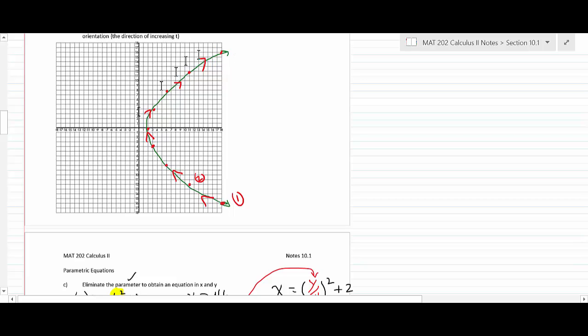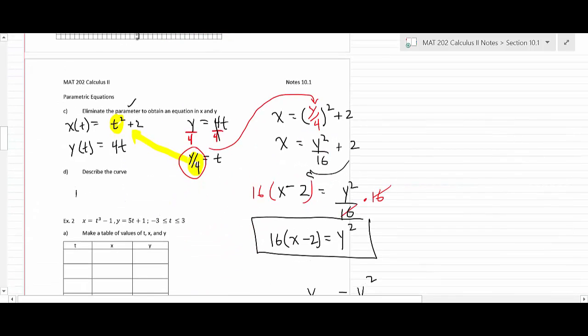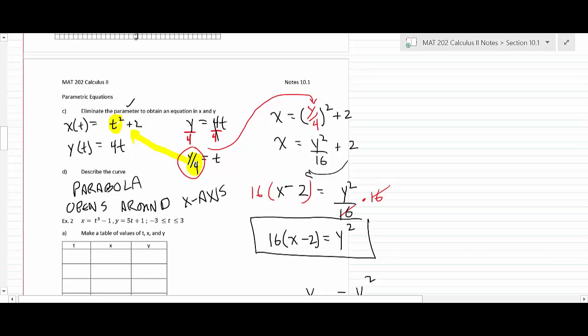Now this is not a function, clearly. That violates the vertical line test, but it is a parabola. Okay? So let's just say it's a parabola, and all we need to say on this is this opens around the x-axis. Okay, so that would be what that curve is, all right?